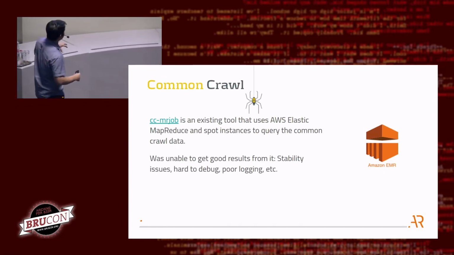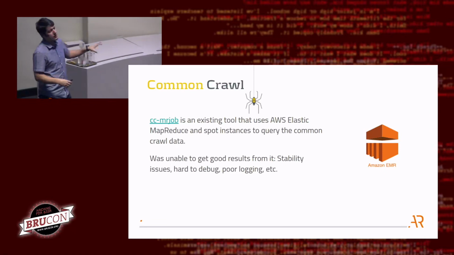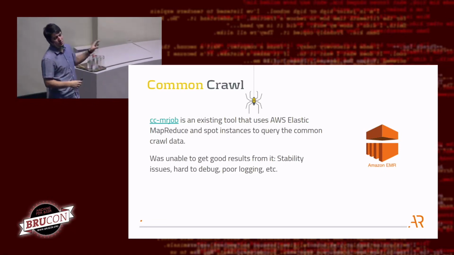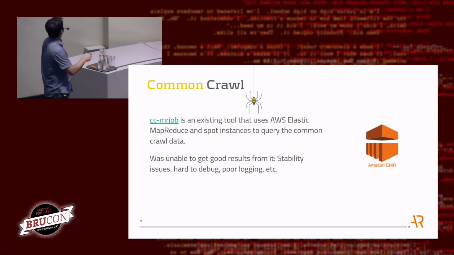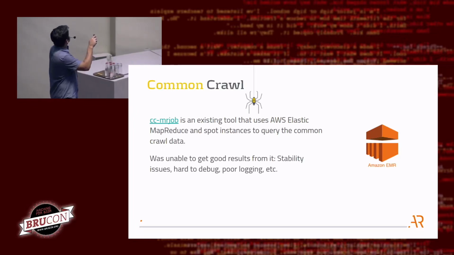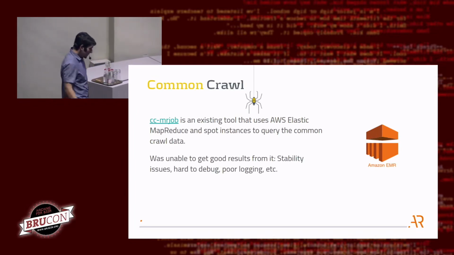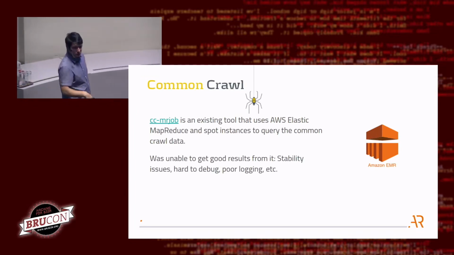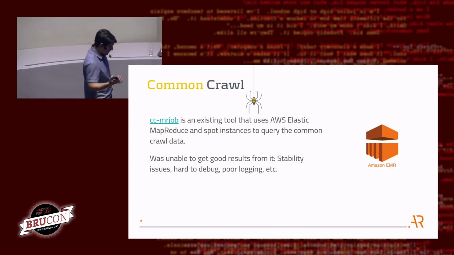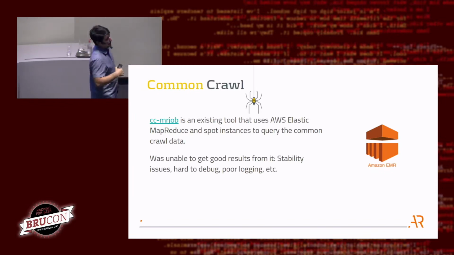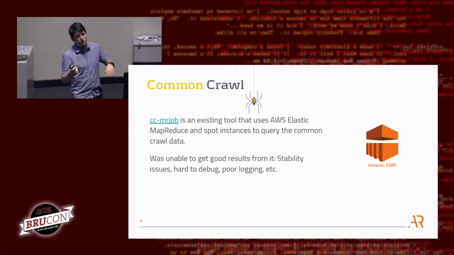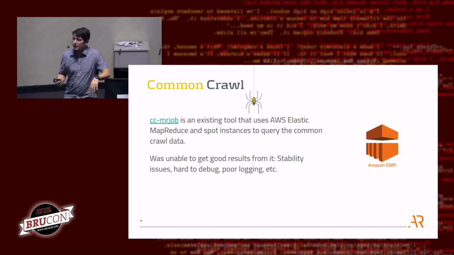And one of the ways in which people are extracting data from the Common Crawl is using a tool called CC MR, as in Common Crawl, MapReduce job. So this is an open source tool. It works kind of. I fought with this tool for 2 days. The jobs simply hung.